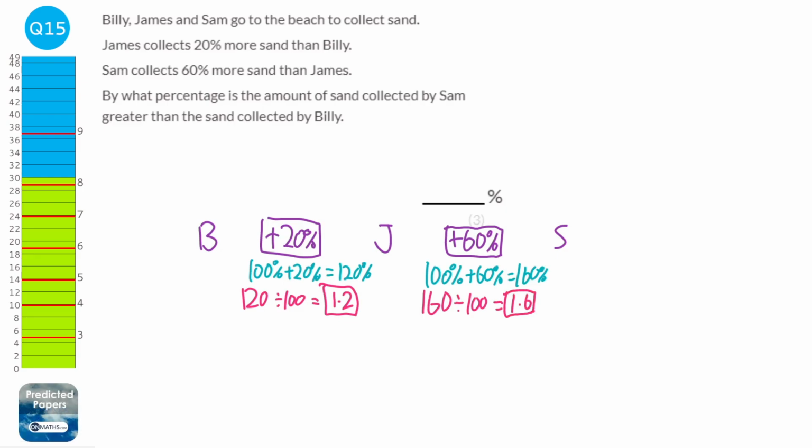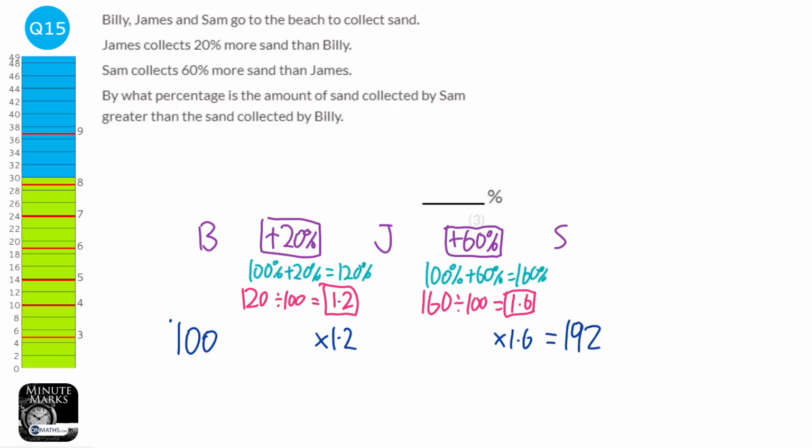Now it says, by what percentage is the amount of sand collected by Sam greater than the amount of Billy? So what we're going to do is start off with Billy being 100%. We're going to times it by the 1.2 and then times it by the 1.6 and find out what the final percentage is. So when we do that, we get 192.